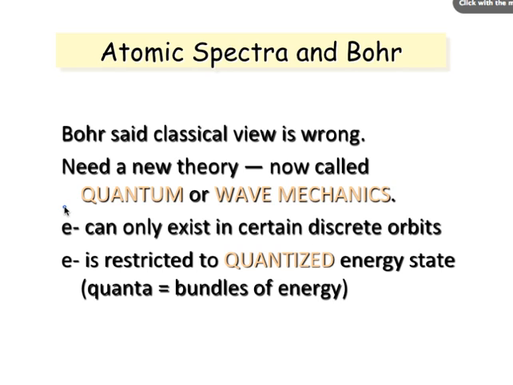And kind of like an orbit, the electrons can only exist in certain discrete orbits. They are restricted to this quantized energy state, meaning the different energy levels. They can't really be between an energy level, they have to be on an energy level.